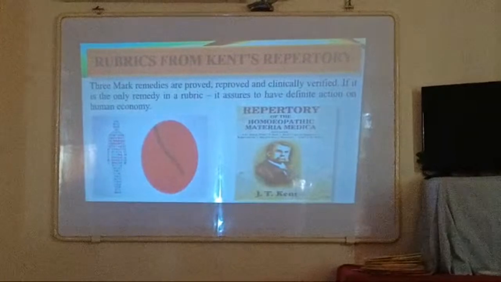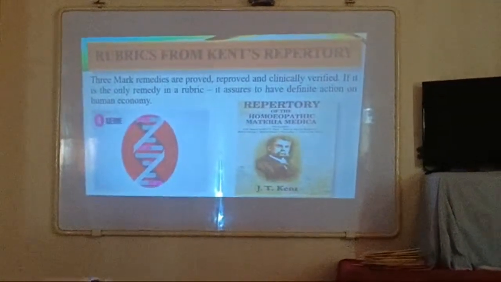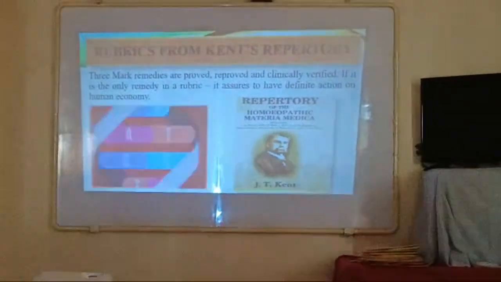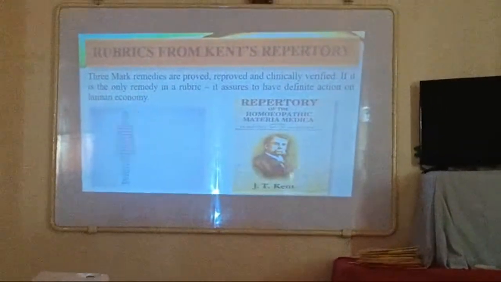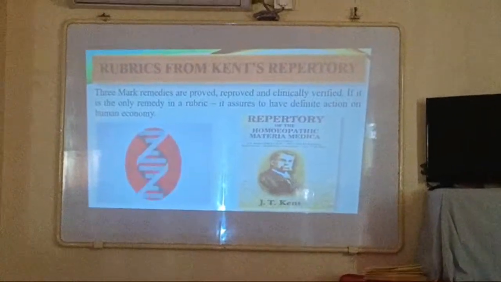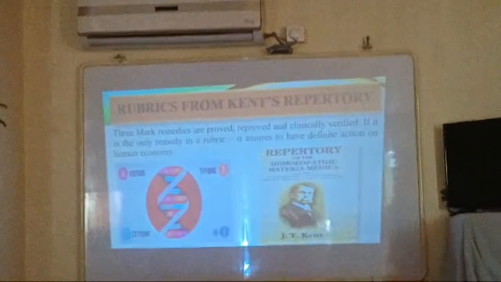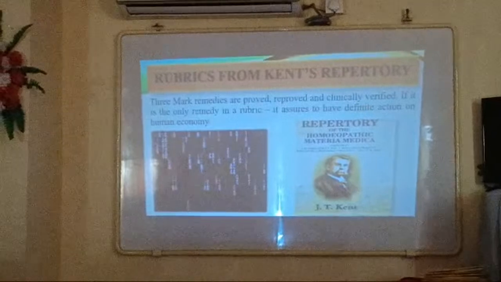Rubrics from Kent's repertory. So the single remedy rubrics from Kent's repertory, I have taken only rubrics from Kent's repertory. Why? I have also taken some rubrics from Boericke also, but mostly from Kent's repertory.